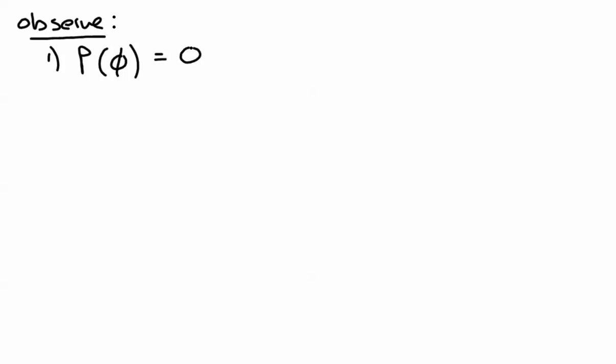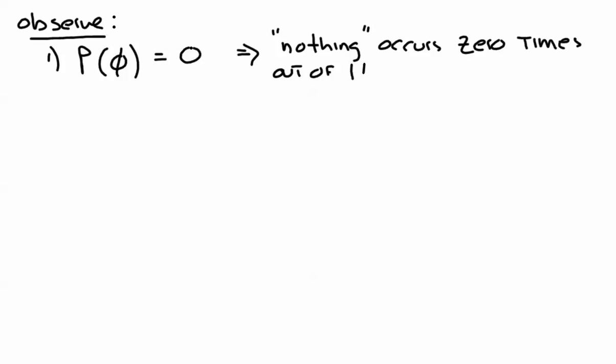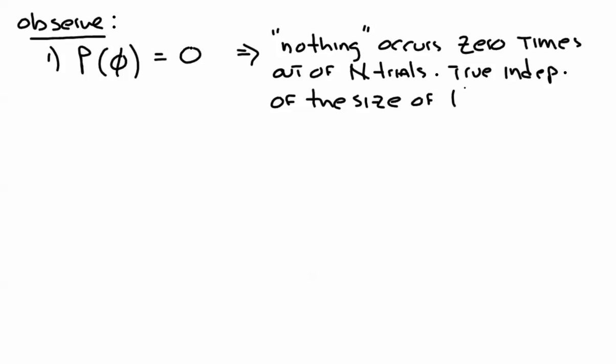The reason being that nothing occurs, meaning no outcome occurs, exactly 0 times out of n trials.